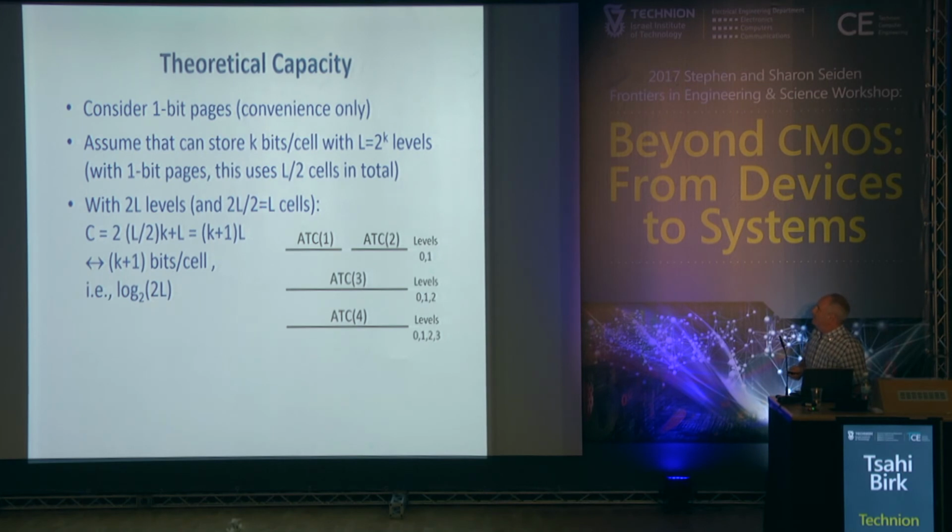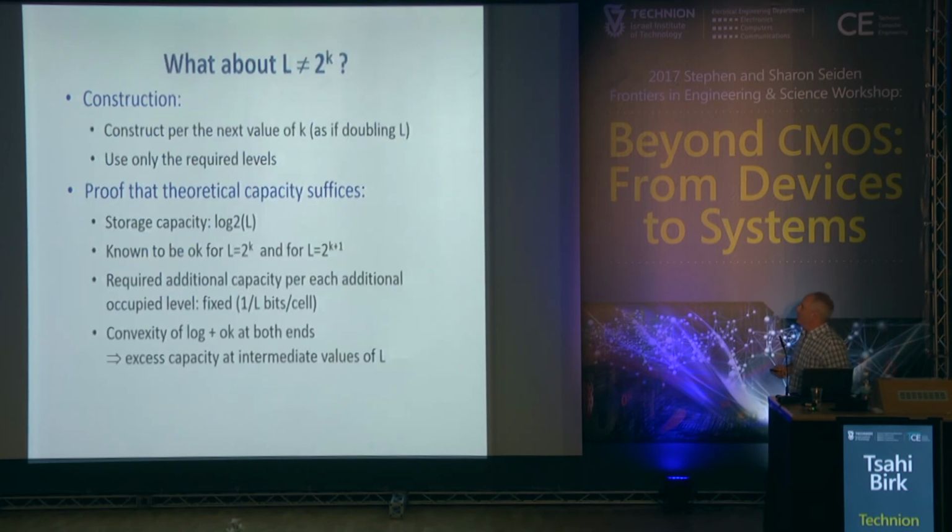The final point I want to touch very briefly is what happens when the number of levels is 2 to the something, then obviously capacity matches, everything matches. But what if we have, let's say, 6 levels? Are we okay at these intermediate levels? And the answer is yes, roughly hand waving.